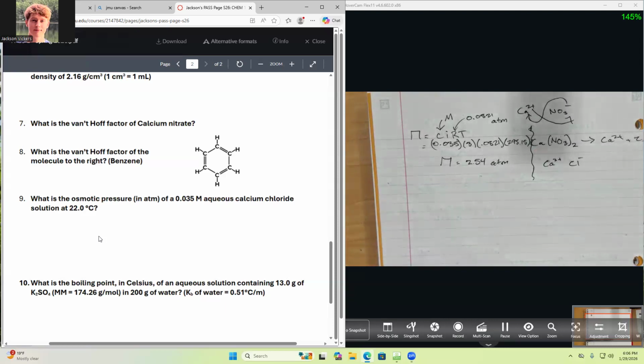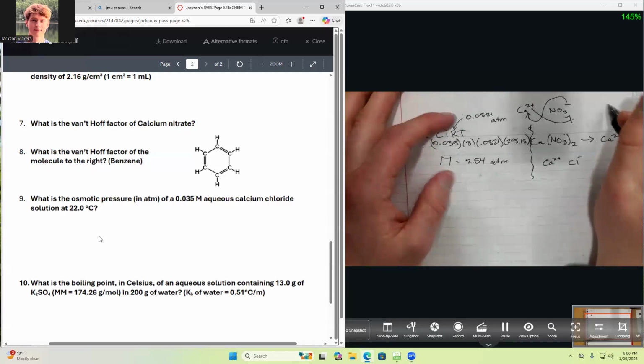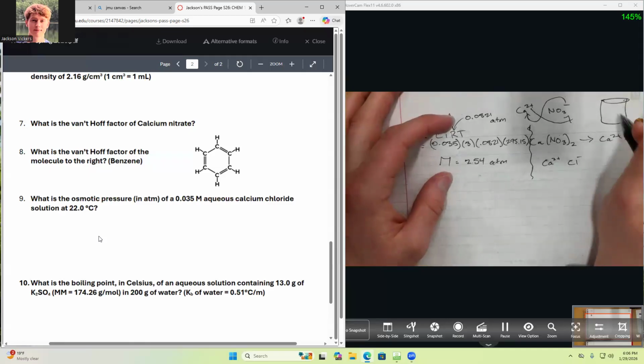Anyone want to briefly explain what they think osmotic pressure means? Is it like the solubility and then how much it forces it to stop, it gets to a point where the water stops? Yeah, exactly. So we have a solution. Think of a bucket.